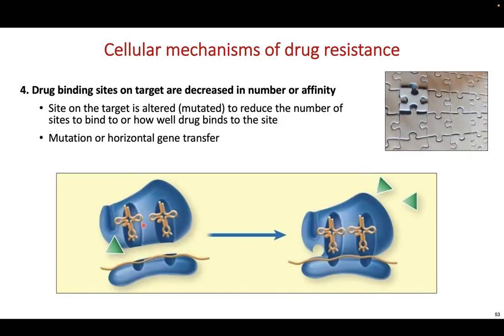What the newly acquired gene or new mutation does is change the spot. As you can see here it is a triangle, and it just changes into a circle. When the drug goes in, it never recognizes the target anymore because it's now a circle like the puzzle piece, and the bacteria escapes this antibiotic inhibition. This mechanism is acquired through spontaneous mutation or horizontal transfer.